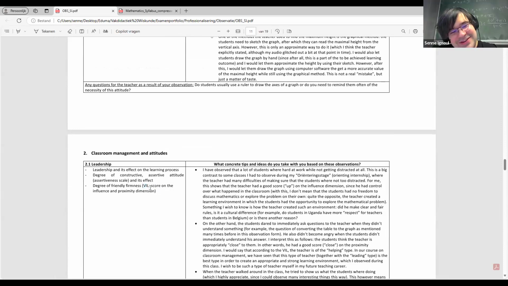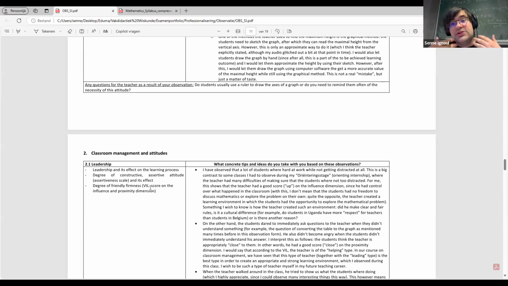So this is a Dutch abbreviation. In Dutch it's vragenlijst interpersoonlijk leraarsgedrag. What it means basically is a questionnaire about the behavior of teachers. According to this model, you are a good teacher according to students if you are very proximate to your students and if you have enough influence in your class. Influence meaning you decide as a teacher what happens in your class.